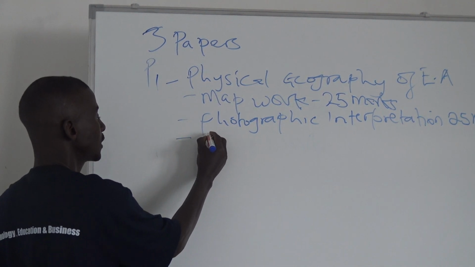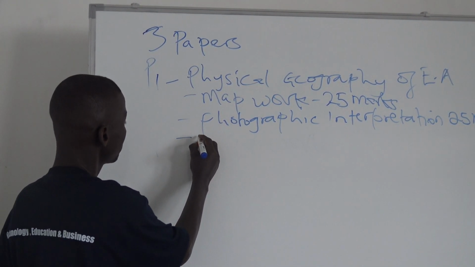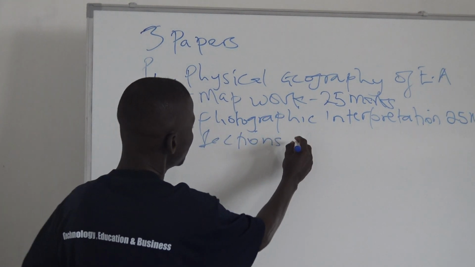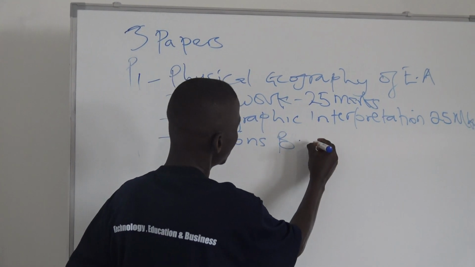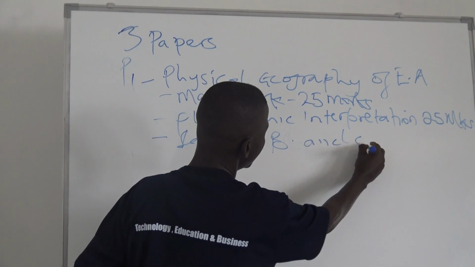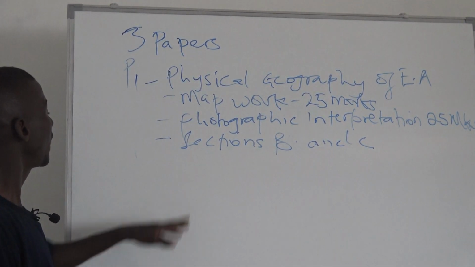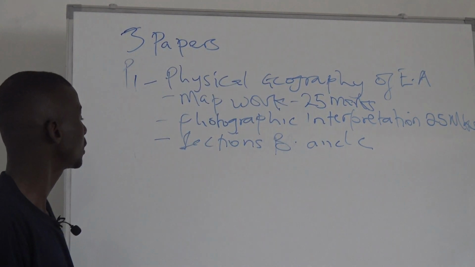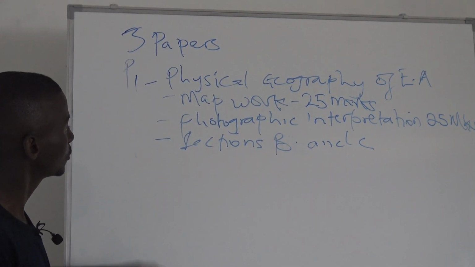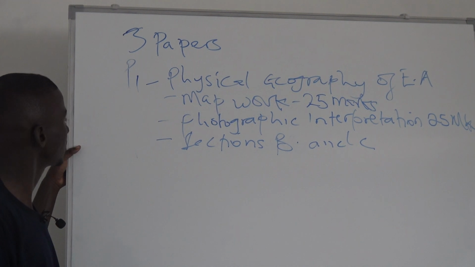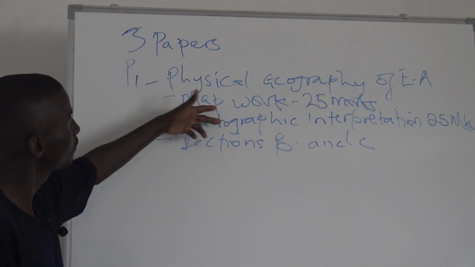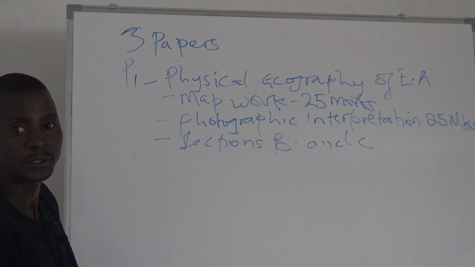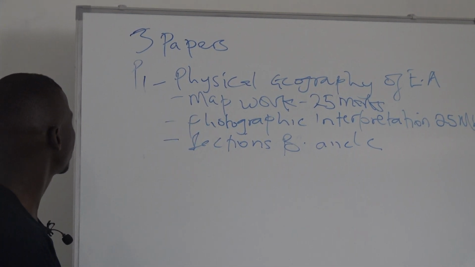Then sections A, B, and C. In sections B and C, you choose a question in section B and another question in section C, totaling 100%. But the first two, map work and photographic interpretation, are compulsory.